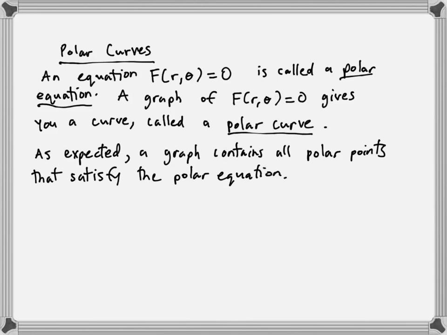Okay, so just like you're used to graphing of equations in the past, right? If a point satisfies the equation, then it goes on your curve. Okay? So let's talk about the natural equations first in Cartesian versus polar, okay?